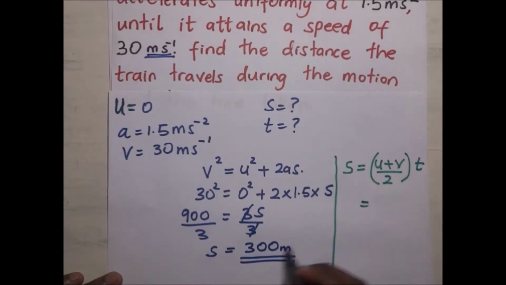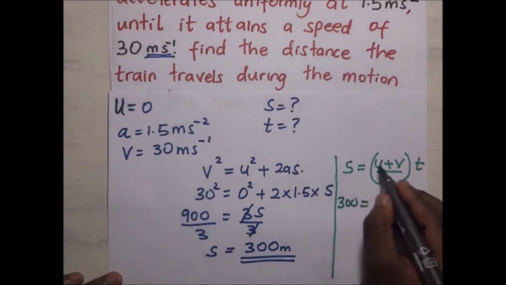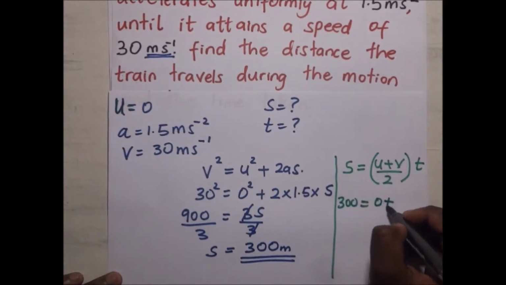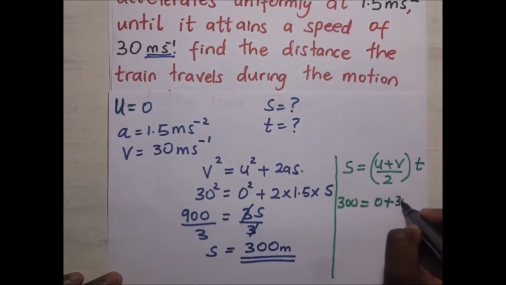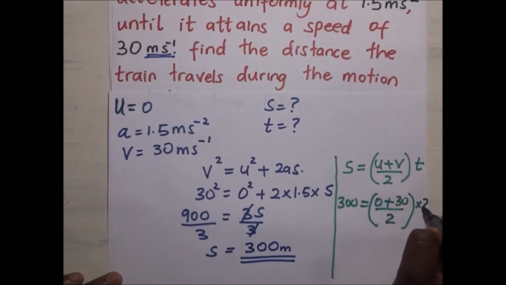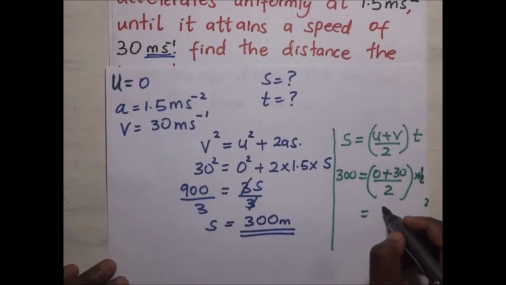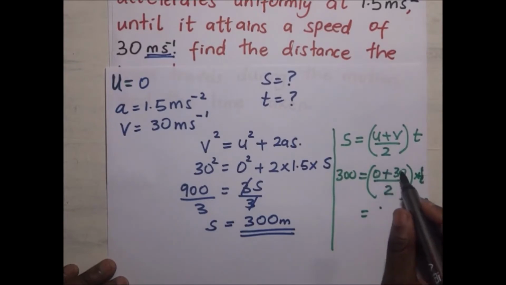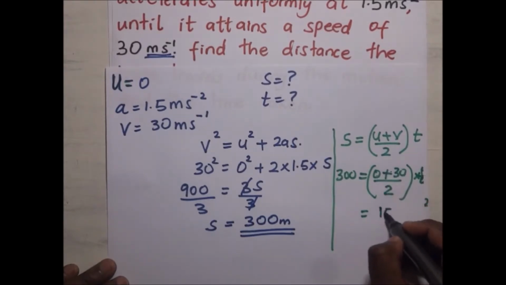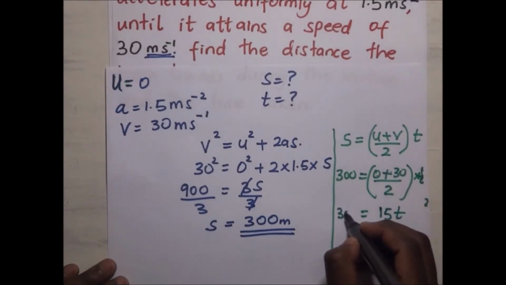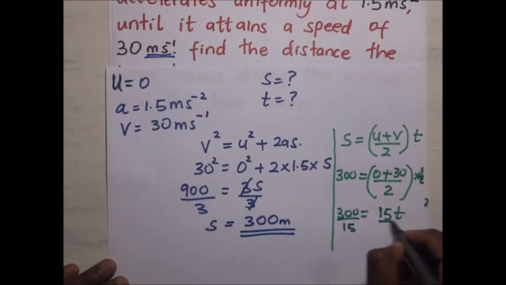We know our s is 300, so 300 is going to be equal to initial velocity, which is 0, plus final velocity v, which is 30, divided by 2, and all this is multiplied by t. So 0 plus 30 is 30, and 30 over 2 is 15, so it's 15t giving us 300. Divide that by 15.